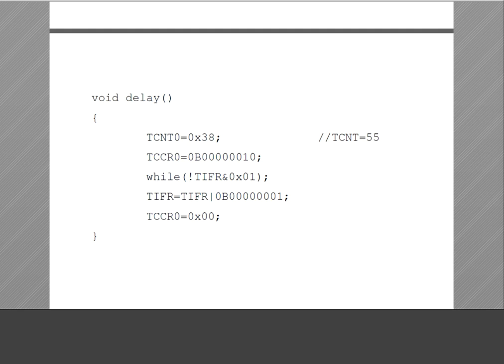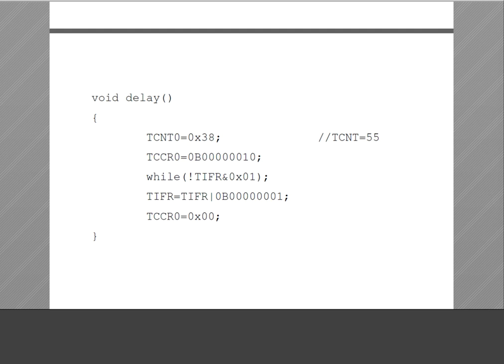Here 38 in hexadecimal is 3 multiplied by 16 to the power of 1 plus 8 multiplied by 16 to the power of 0.